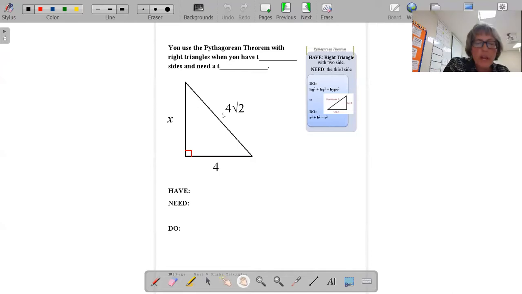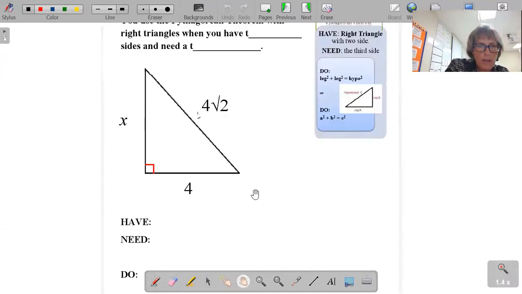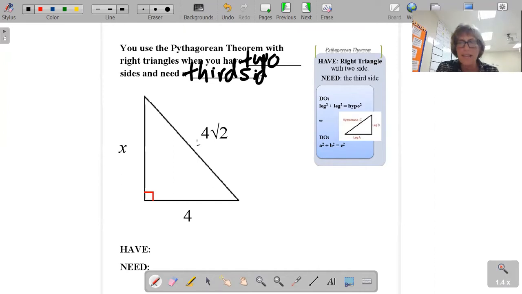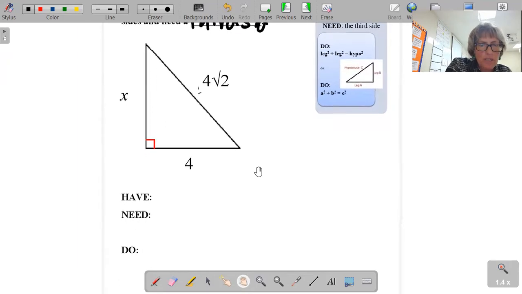So we use the Pythagorean theorem when you have two sides and you need a third side. Have two sides, need a third side, Pythag. So let's solve this one together.